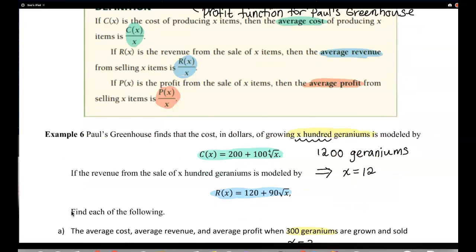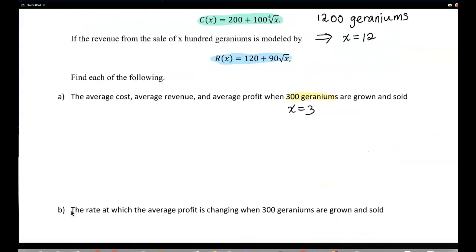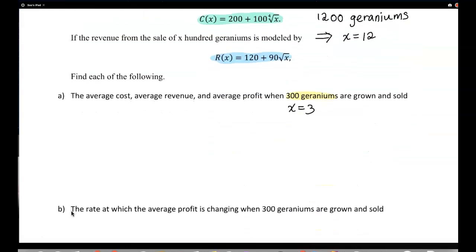All right, let's go down to part A. What do they want? They want us to find the average cost. I'll do that first, okay? So average cost is C of x divided by x. Well, if we're talking about 300 geraniums, x is equal to 3, right?